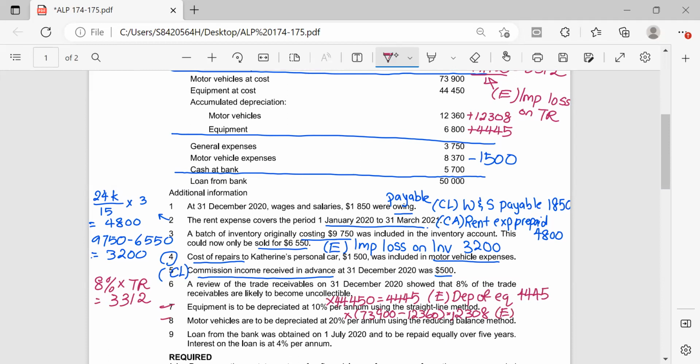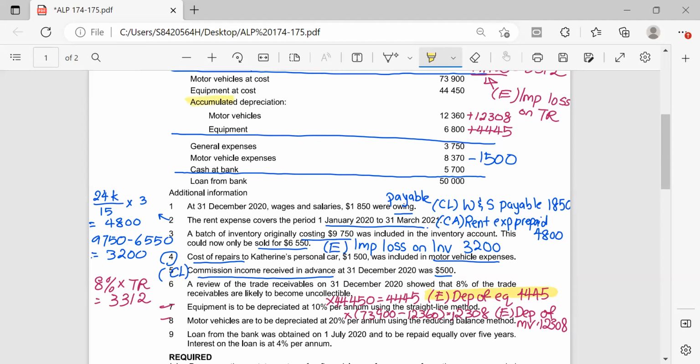The other one is the same. You do the same thing. Depreciation of motor vehicle, in this case is 12308. So you can see that accumulated and depreciation expense, just by looking at equipment, inside your statement of performance is 4,000 something.